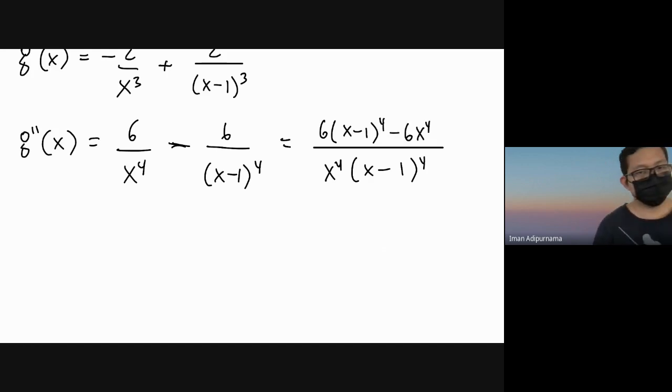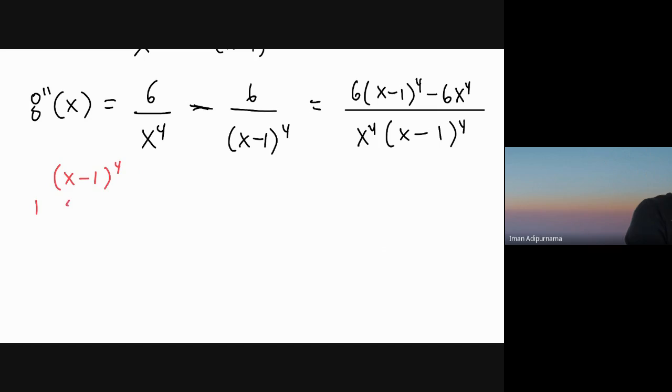Now if we have (x minus 1) to the 4, we can have coefficients, and if it is negative, it should alternate signs, so it should be positive, negative, positive, negative. Okay.